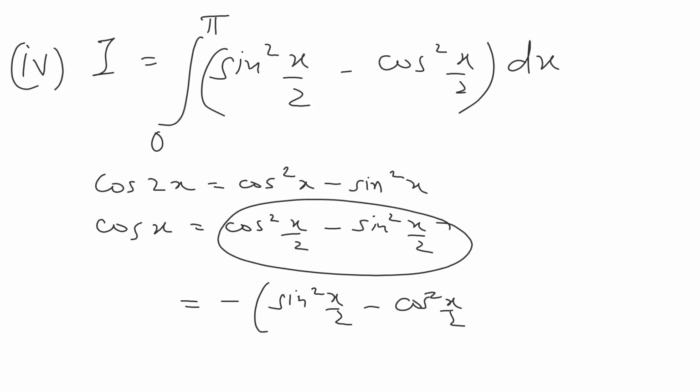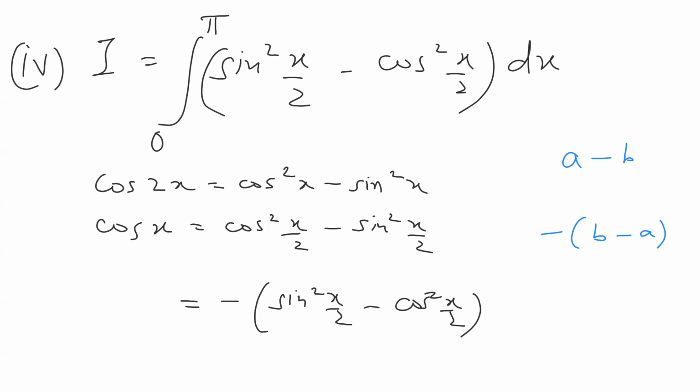If we reverse the negative sign. See, in mathematics, a minus b can be written as minus of b minus a. Now why? What is the need to reverse? Because we are having the term in which the sine is there first. So I have reversed. So this becomes cos x.